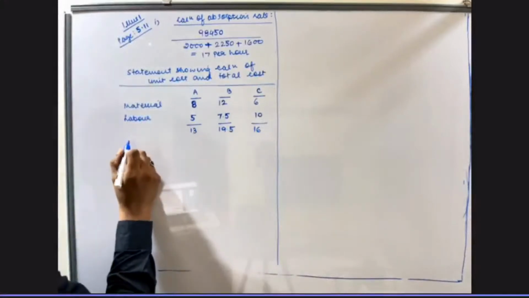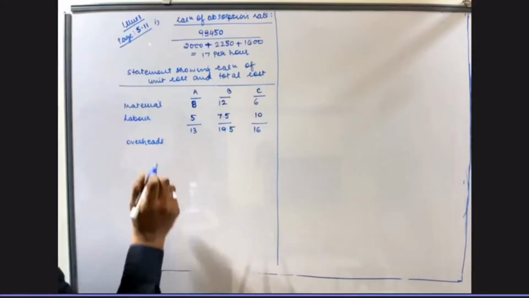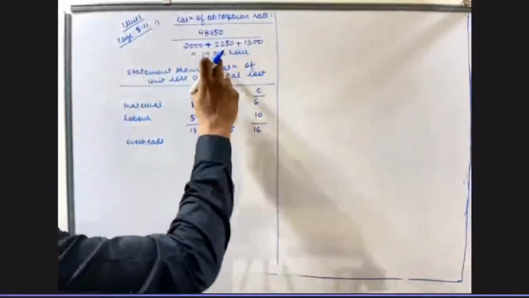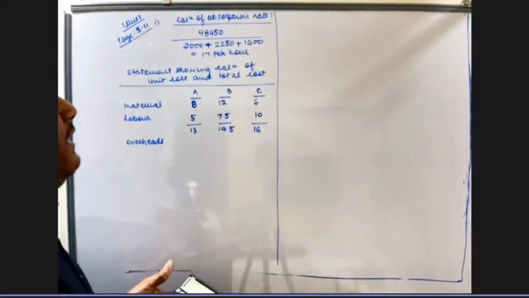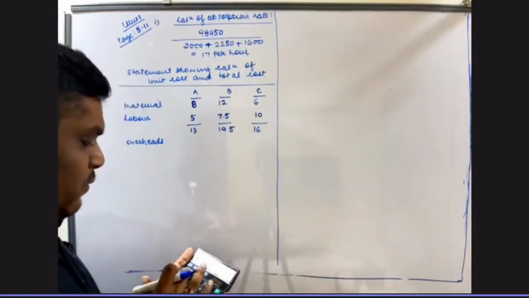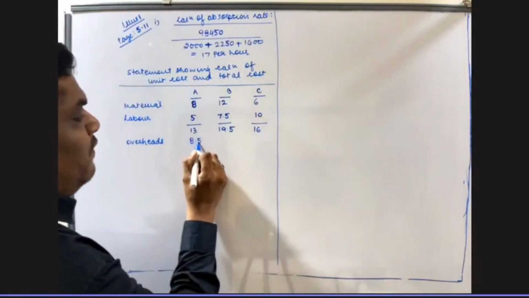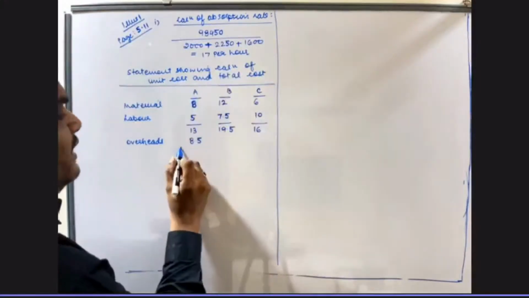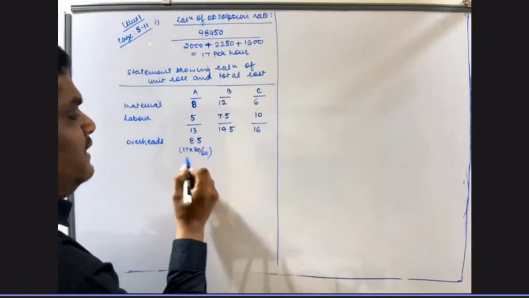When talking about overheads, these are absorbed on the basis of number of labor hours. So herein the overheads are charged at the rate of 17 per hour. For product A, it takes 30 minutes to manufacture, so this will be 8.5, that is 17 into 30 divided by 60.